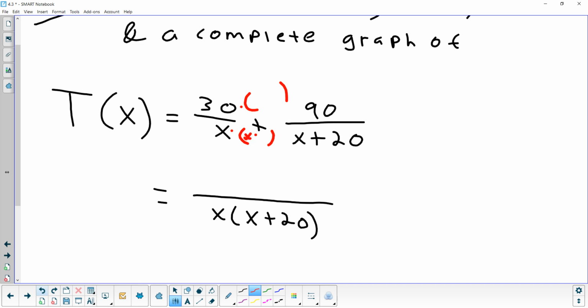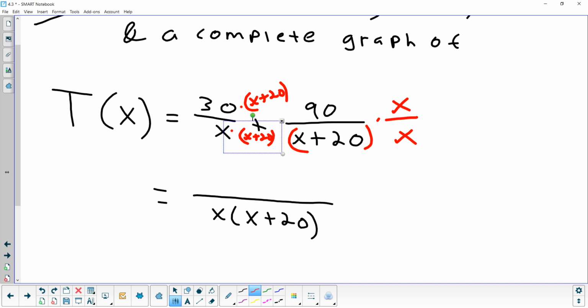X plus 20. Now, what is the denominator on the right missing to make it have the common denominator? It's missing the x. So we're going to have to multiply top and bottom, because whatever you do at the top, you've got to do at the bottom when you're trying to find a common denominator.